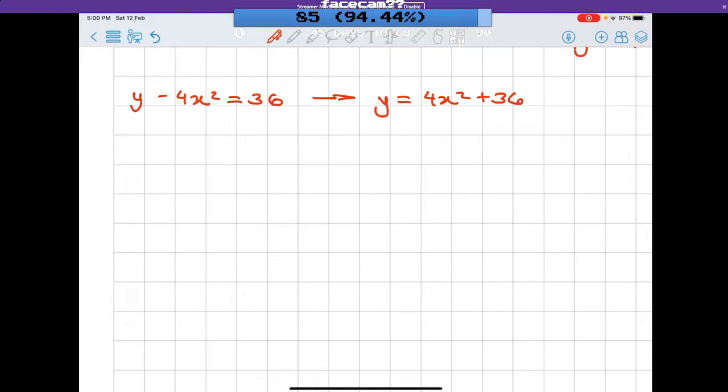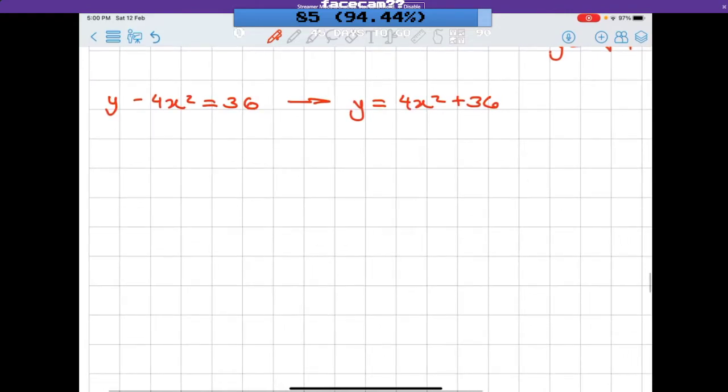And now take x as 0, so 4 times 0 plus 36, which means that y is equal to 36 because 4 times 0 is 0, 0 plus 36 is 36. So that means that this is a function.